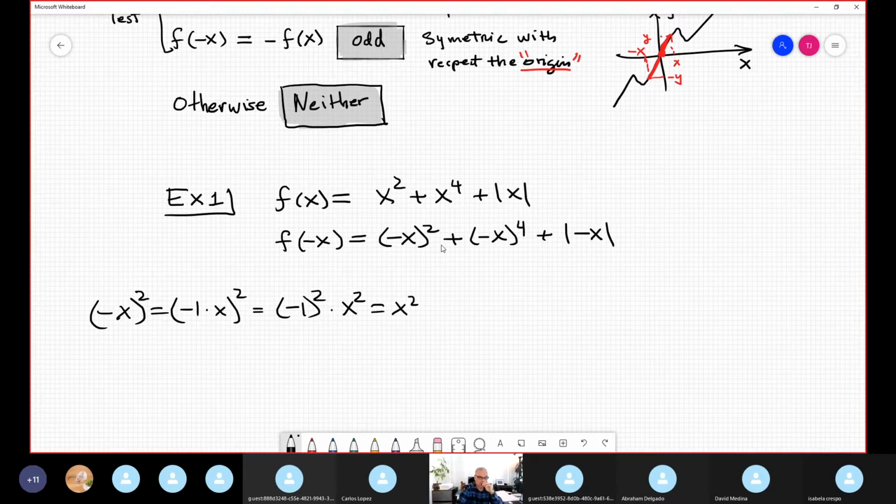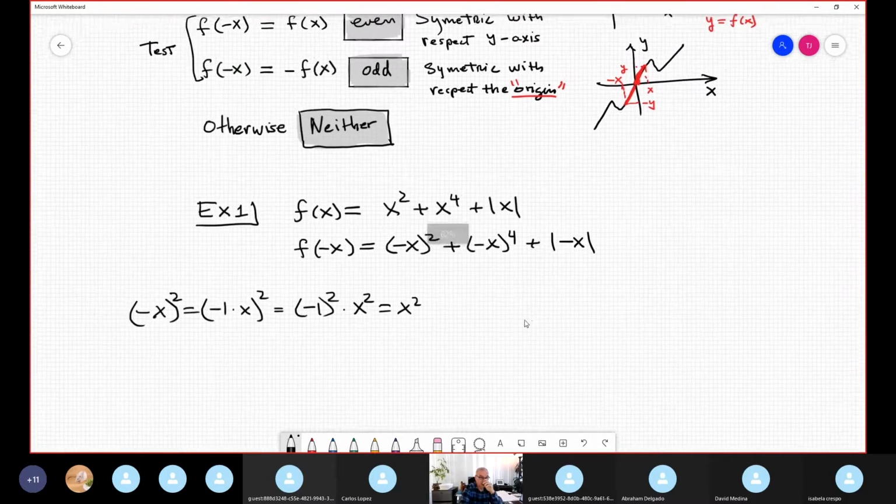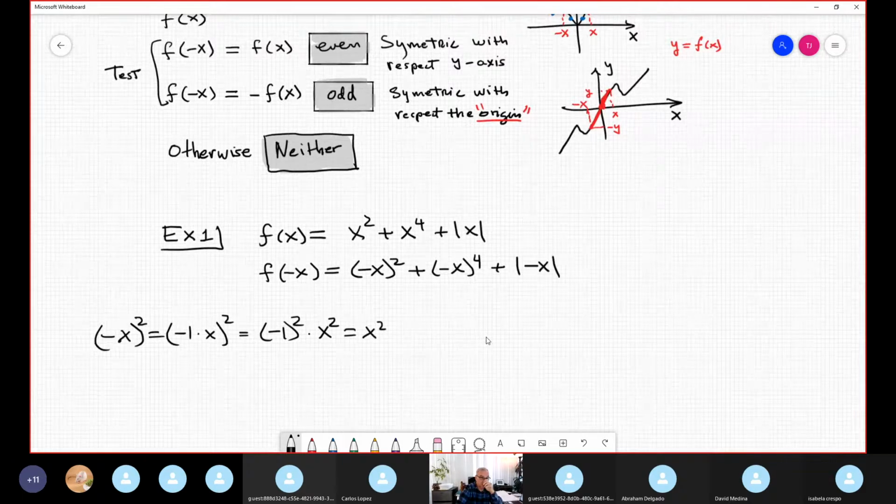So you know by memory, when the exponent is even, and this is no coincidence, this name and this name. So even exponent is even function. So it's x squared positive, exactly the same happens in the 4th power. Exactly the same happens in absolute value because you know very well the absolute value of any negative number is equal to a positive number.